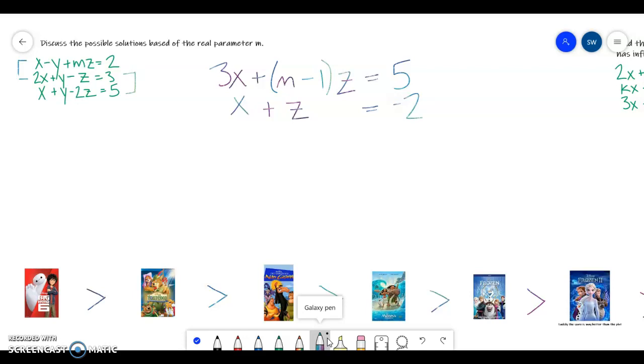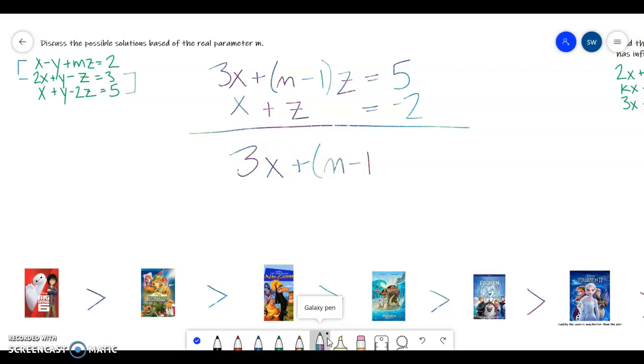Okay, so my goal now is to eliminate, wait, hold on. No, I don't want to eliminate because that's not really helpful. What I want to do is now multiply the second equation by 3. I'll explain that in a second.